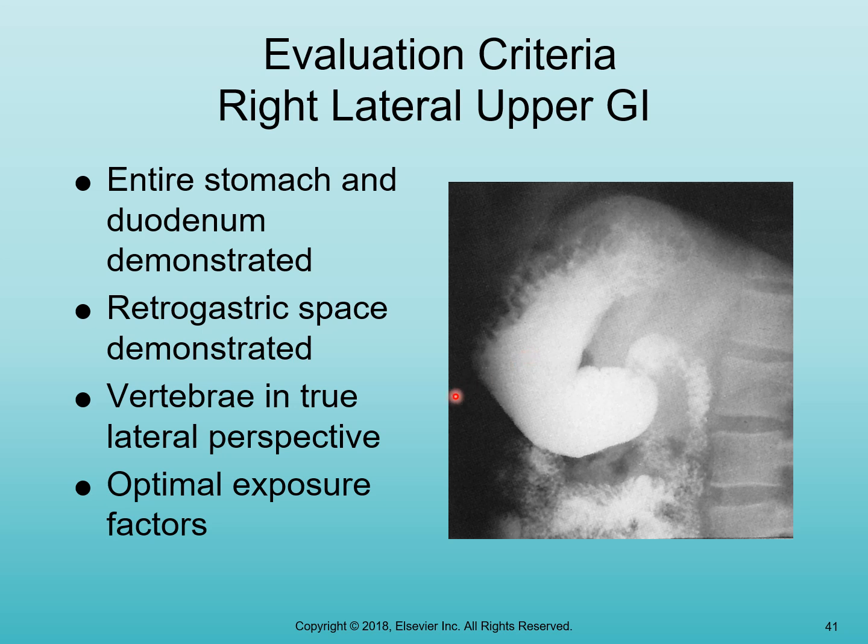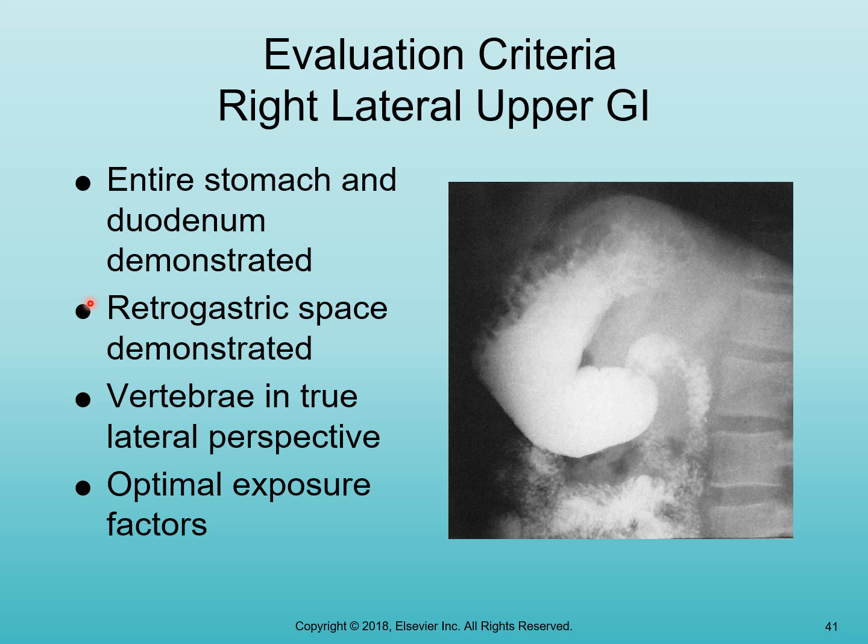This is the only view that demonstrates the retrogastric space. This is the only view to show behind the stomach. So any tumors, anything they might be looking at that could be behind the stomach, this is the only view that would show that.